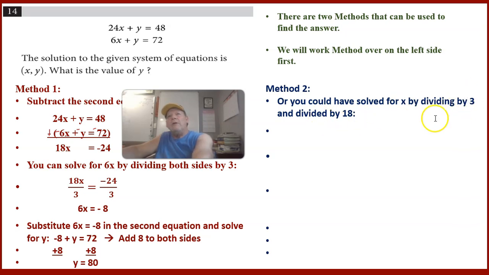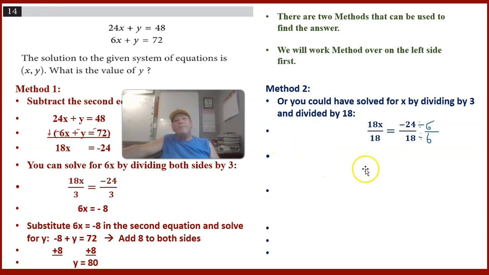We still start out and do it the same way. When you get to the 18x equals negative 24, you divide both sides by 18. And the 18s cancel, and I can reduce this by dividing by 6 and dividing by 6, and 6 over 6 is 1, which means I divided by 1, so I've got an equivalent fraction there.